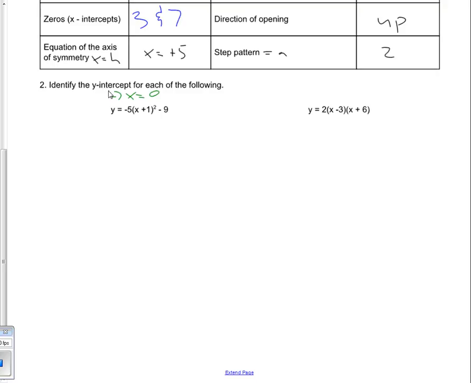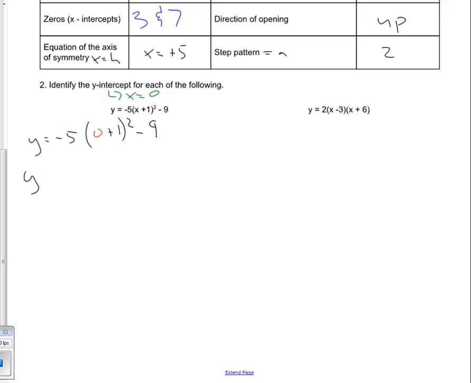So in the example that we have here on the left, I'm going to do y is equal to -5 times (0 plus 1) squared minus 9.